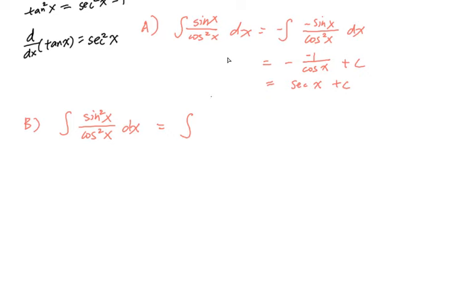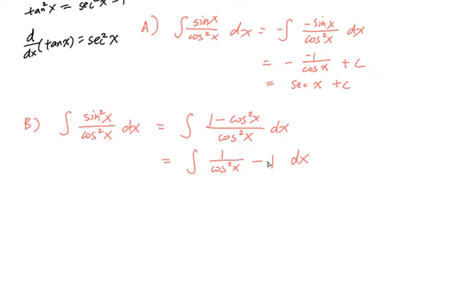So I guess first thing, sine square x is going to be equal to 1 minus cosine square x, dx, right? So then we can break it down into this.